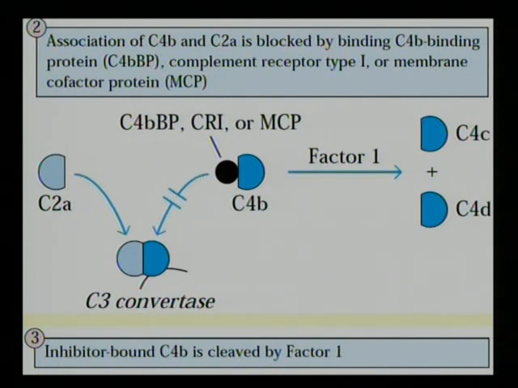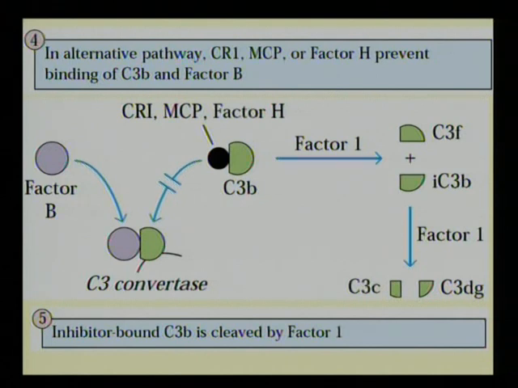Once this factor binds, another factor, factor I, is there that cleaves C4b into C4c and C4d. In the alternative pathway, CR1, MCP or factor H prevent binding of C3b and factor B also.